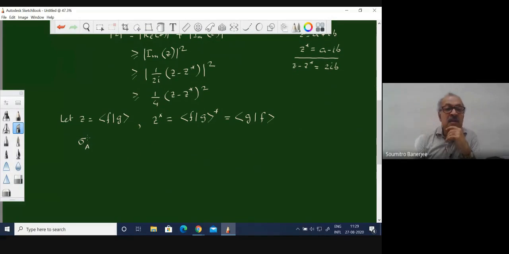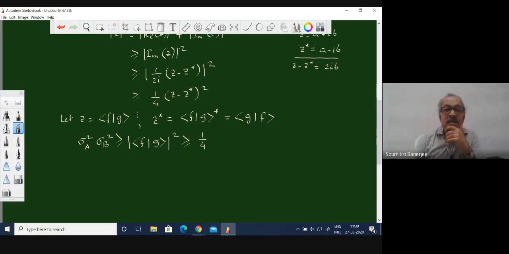Sigma A, sigma B square is greater than or equal to, it was f g square. Now I substituted here, it is 1/4 greater than or equal to 1/4 of z minus z star.